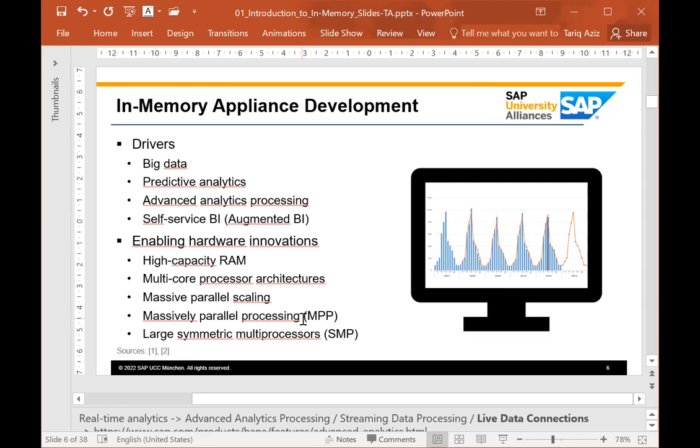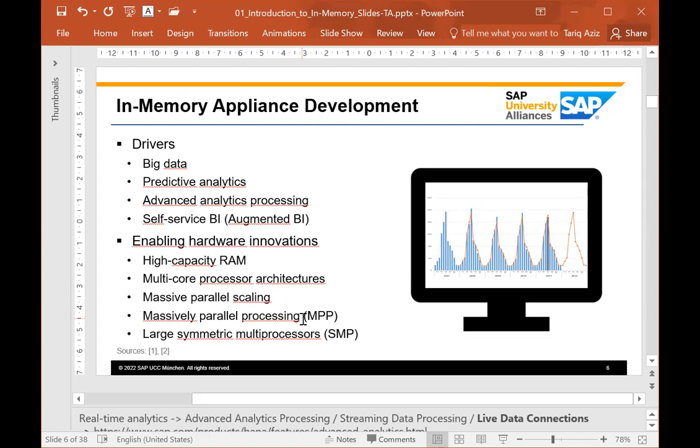These were the drivers, these were the forces that made us think that we should move our database from hard disk to the RAM. So when I say move the database to RAM, in other words, if you pull the plug and the computer gets switched off, the database is gone, unless we have the backup of the database on the hard disk.